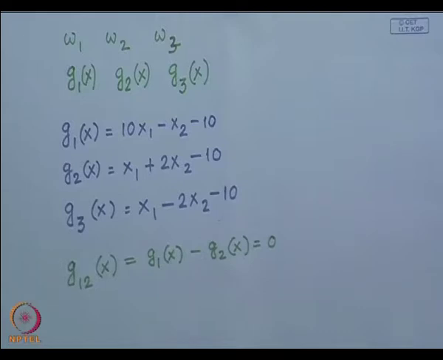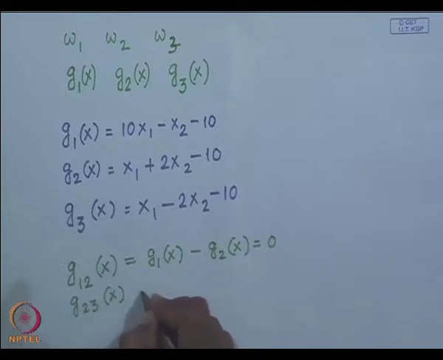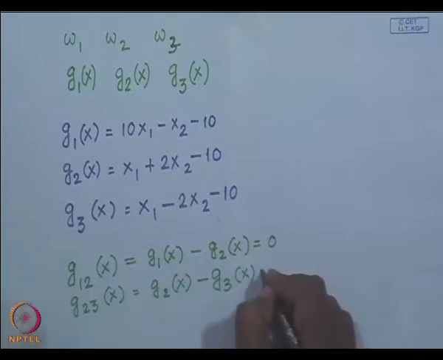Similarly, I find g23x, the decision boundary between class omega 2 and class omega 3. So, I will compute g23x as g2x minus g3x, and I will equate this to 0 to get the decision boundary between class omega 2 and class omega 3.